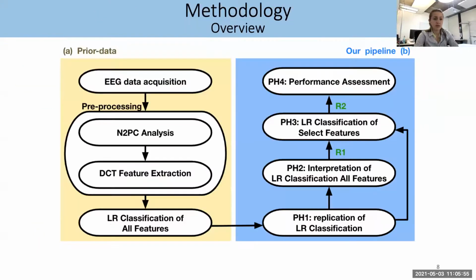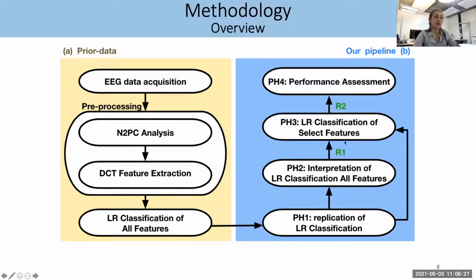In order to answer these questions, we have laid out a methodology, as you can see here. The part on the left details what prior works have done up until classification with logistic regression, as it performs just as well as SVM. What we decided to do here is to replicate this classification, followed by interpreting the logistic regression classification weights for all of the features.